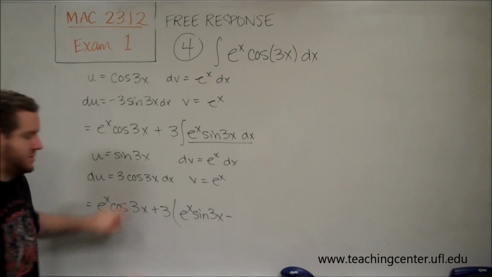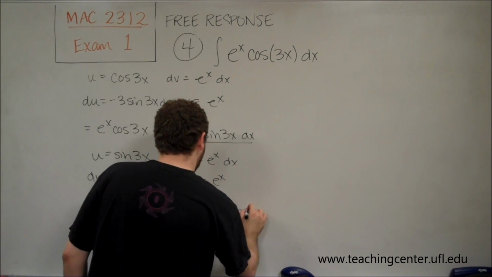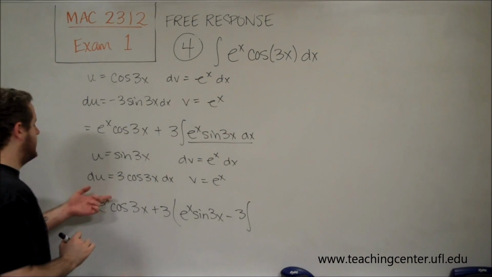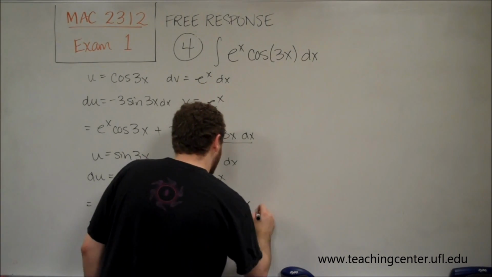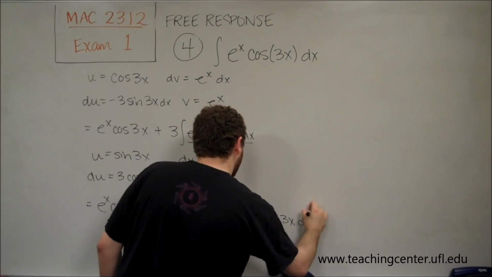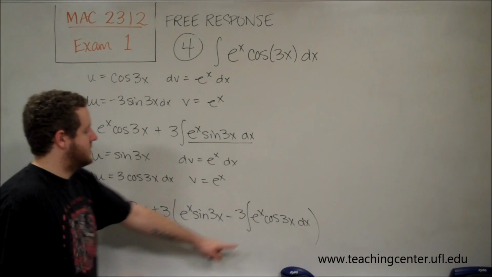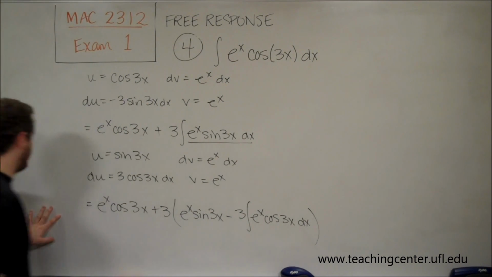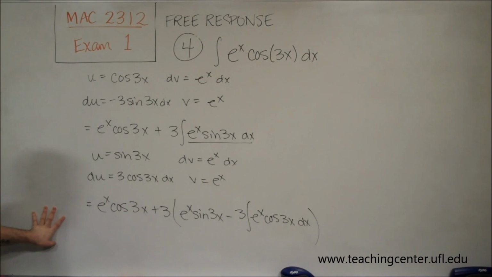Again, we have a 3 here, so we can put that in front. And v du is just going to be e to the x cosine 3x dx, which is what this whole thing is equal to in the first place.